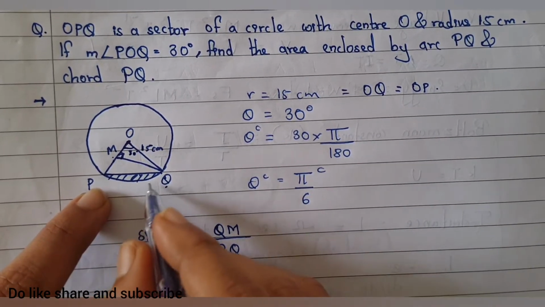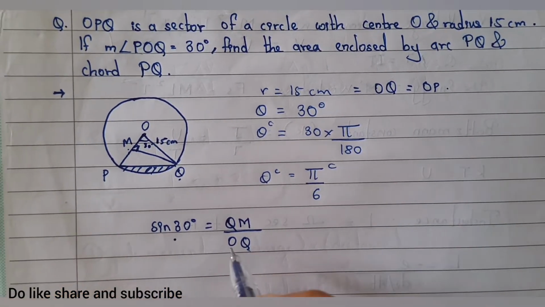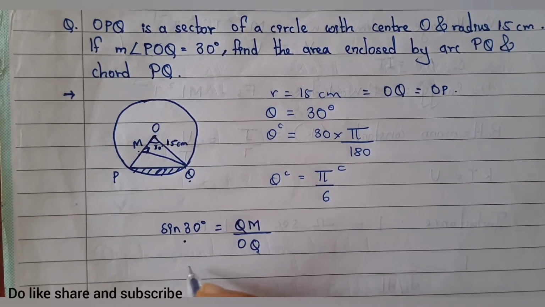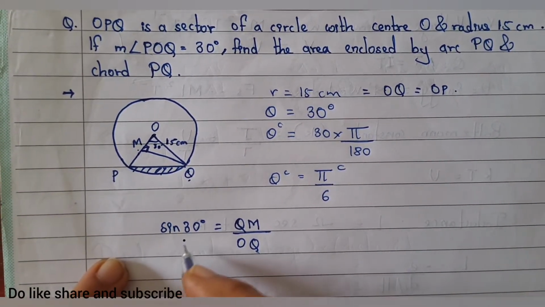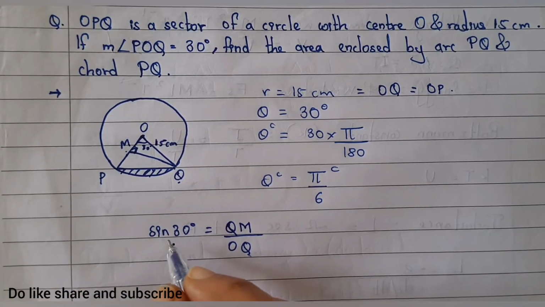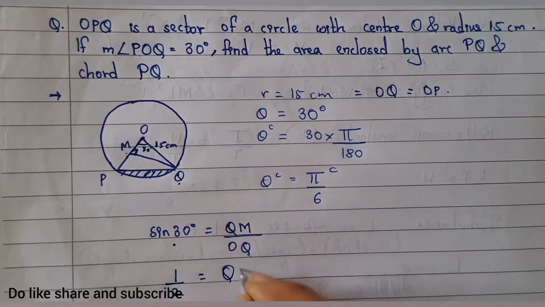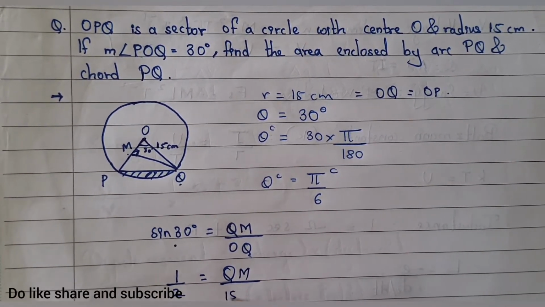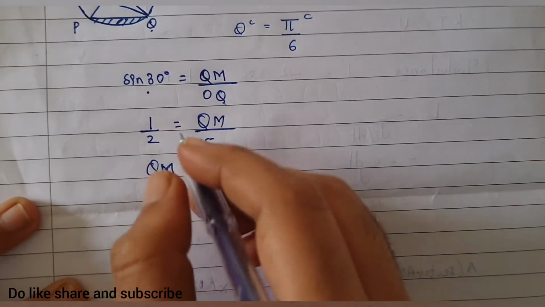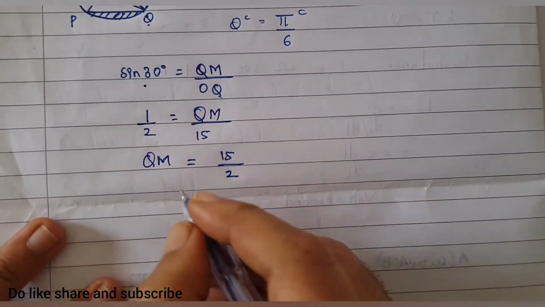So we consider triangle OMQ, and from that sine 30 degrees is equal to QM by OQ. Substituting OQ equal to 15 and sine 30 equal to 1 by 2, 1 by 2 is equal to QM divided by 15, so QM is equal to 15 divided by 2.